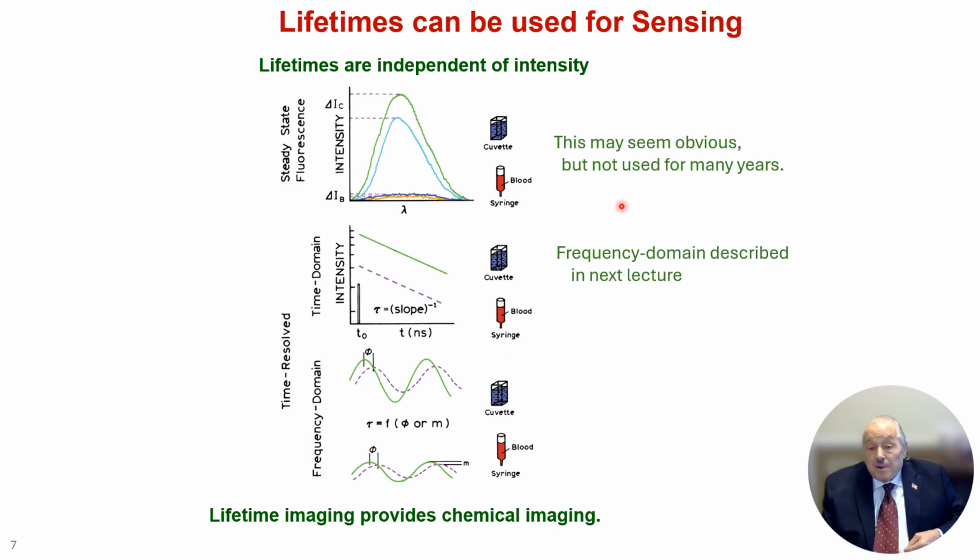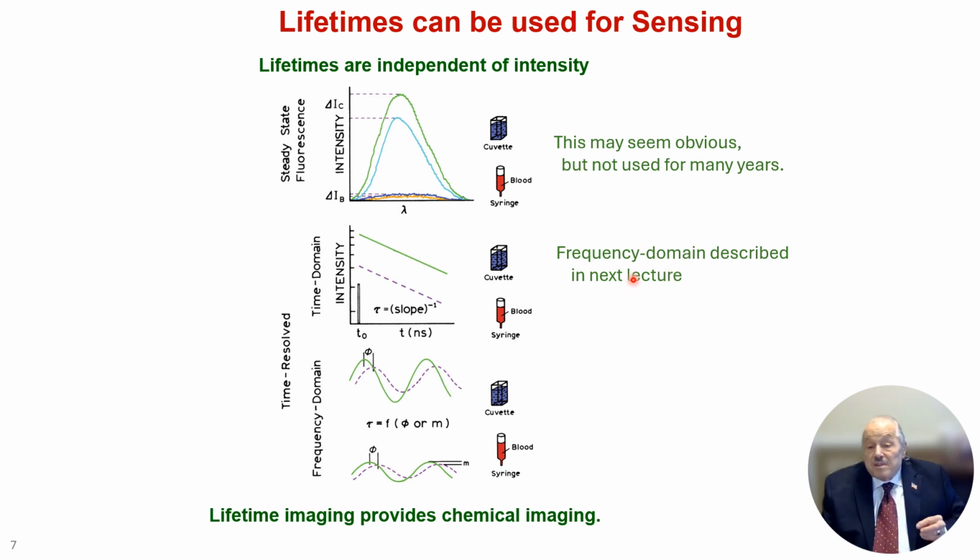We have another sample holder filled with blood, and we try to measure the intensity in there. And of course, in the one with blood, the intensity is greatly filtered. The one without blood, you get a higher intensity. So steady-state measurements are very dependent on the conditions. Here we have the decay times.